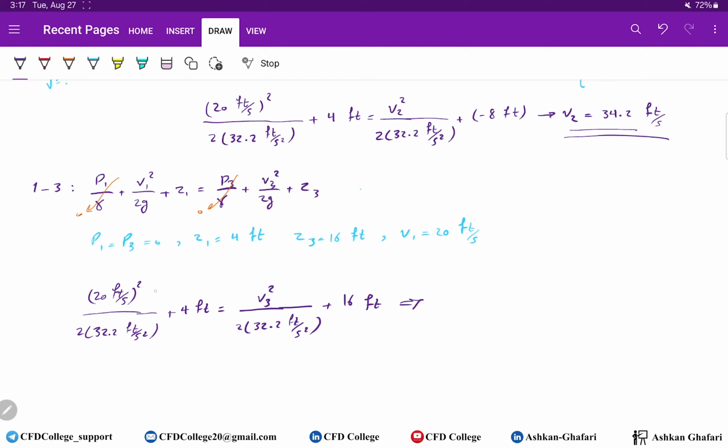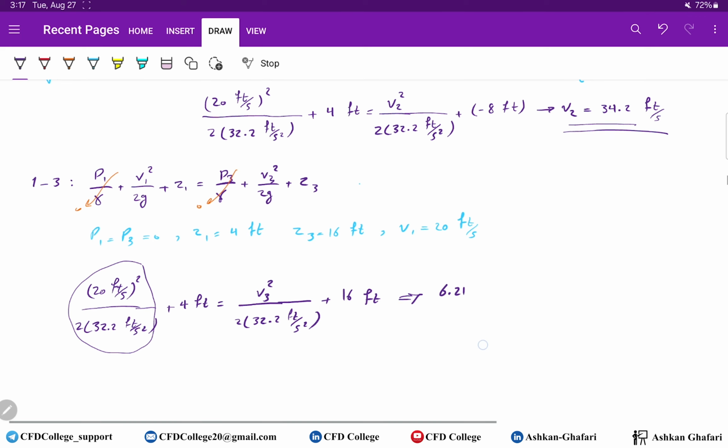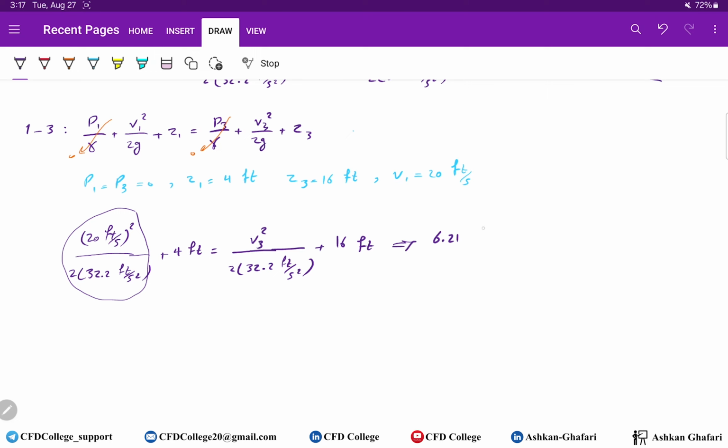The first term equals 6.21 feet, plus 4 feet, minus 16 feet equals V3 square over 64.4 feet per second square. And if you calculate this, it's a negative value.